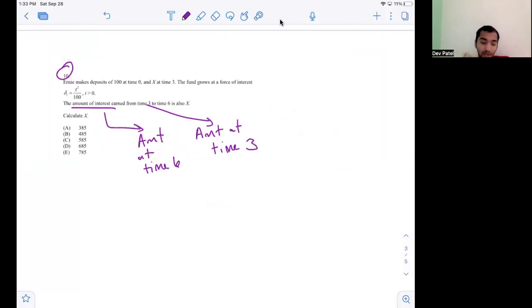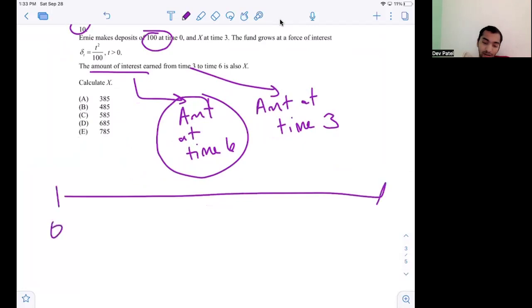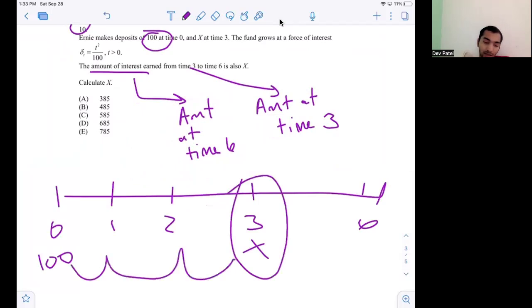And so first we calculate what's the amount at time 6. If we just have our diagram here, time 3, 6, we have 100 at time 0 and x at time 3. Let's get the amount at time 3 first. The amount at time 3 is this x that's already at time 3 plus this 100, and we have to accumulate that by this force of interest.